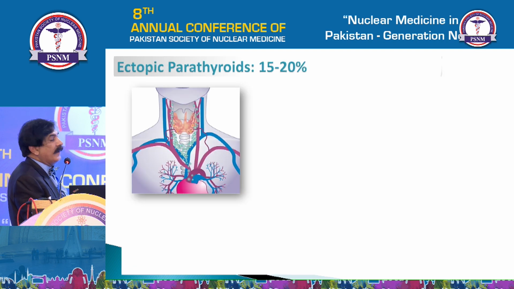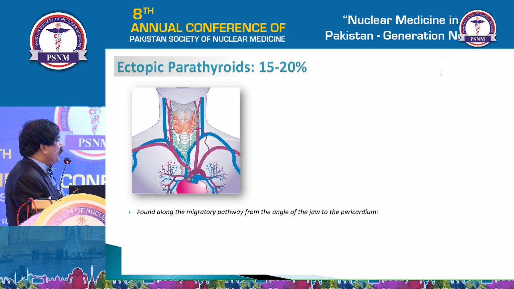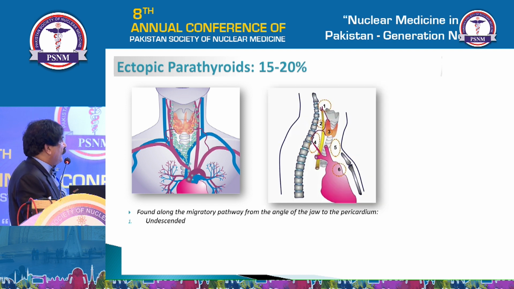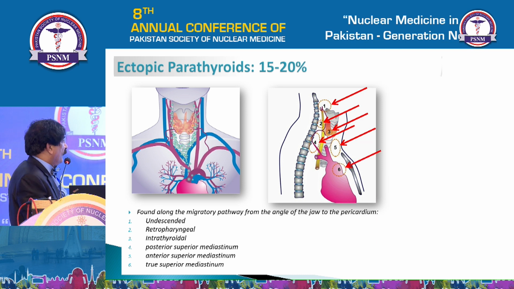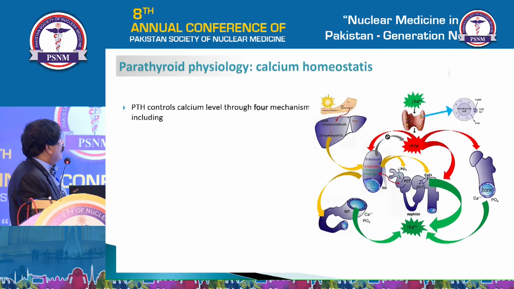Therefore, the ectopic parathyroid glands, which could be 15 to 20% in number, range all the way from the angle of the jaw to the pericardium. And you can see there are multiple locations. They could be undescended, retropharyngeal, intrathyroidal, posterior superior mediastinal, anterior superior mediastinal, and true superior mediastinum. So these are the locations.